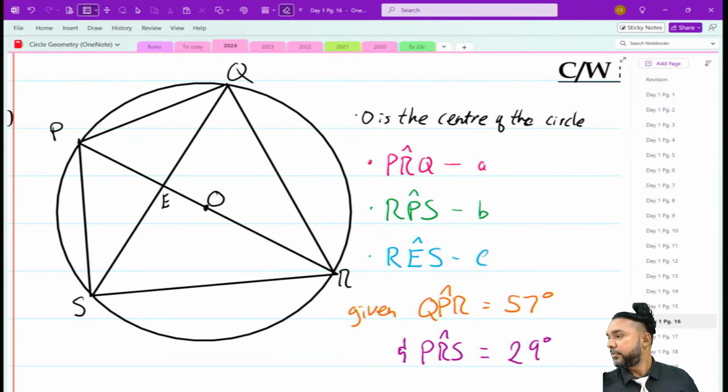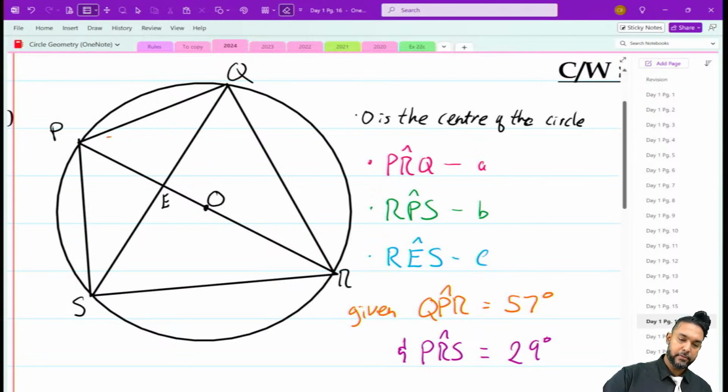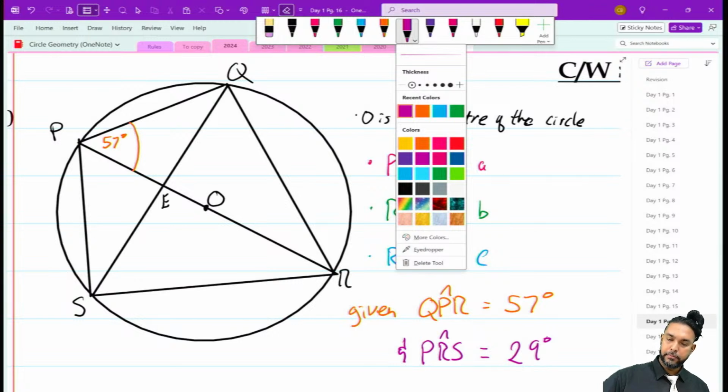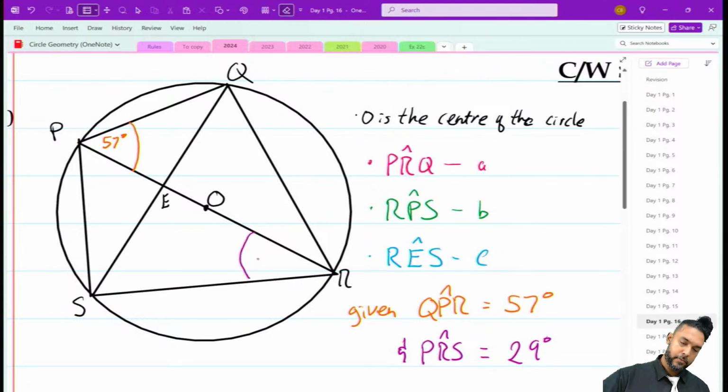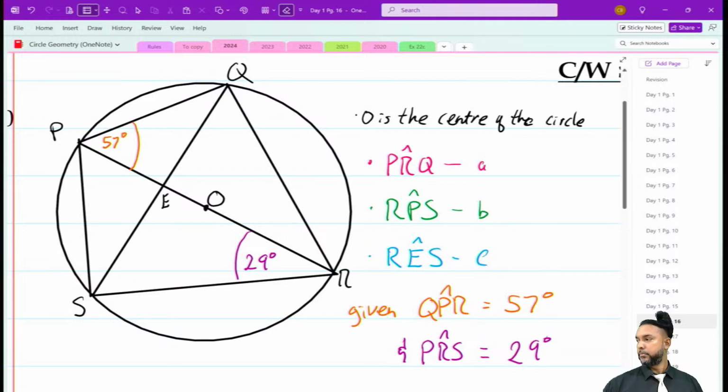So I'll put them in. I'll give you a couple of minutes to see if you can make any headway.